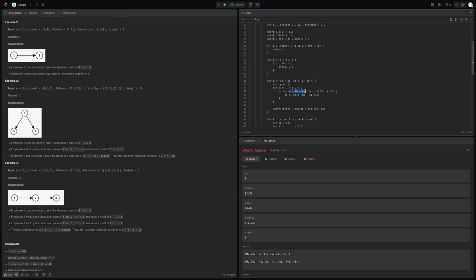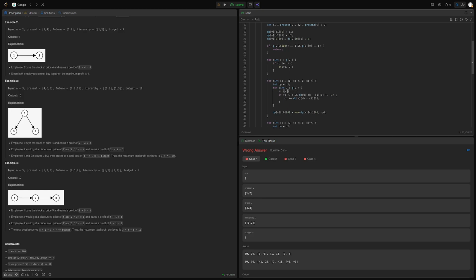So let's say our current budget is 2, and we buy something for 1, so we are left with 1 money, and our parent bought, so that's exactly what we should get over.